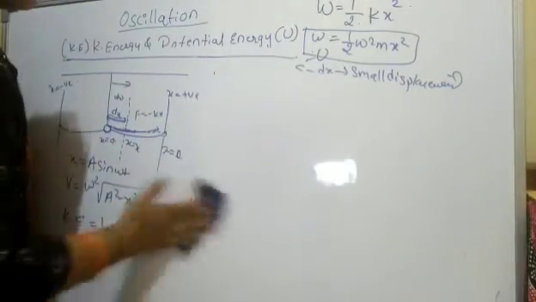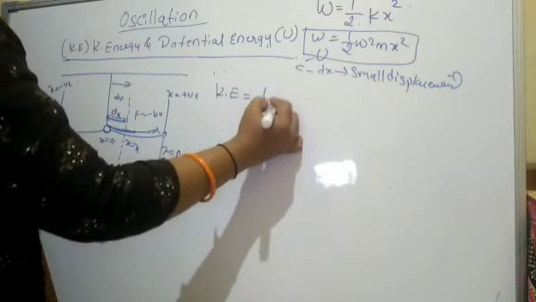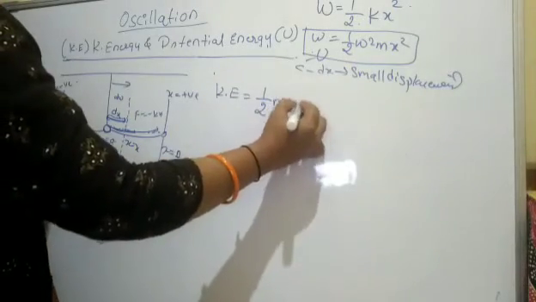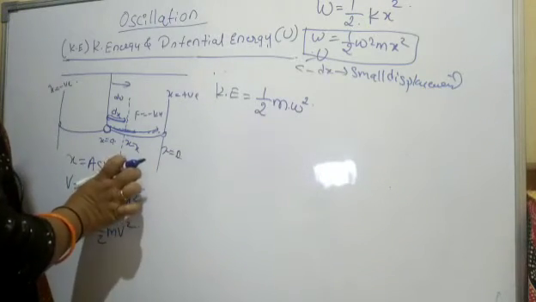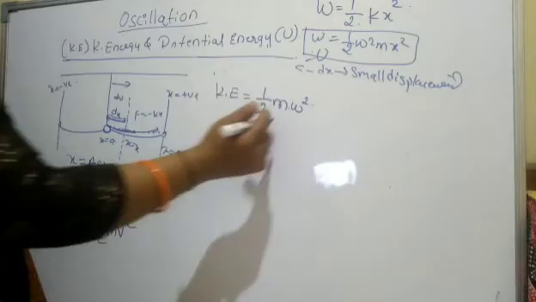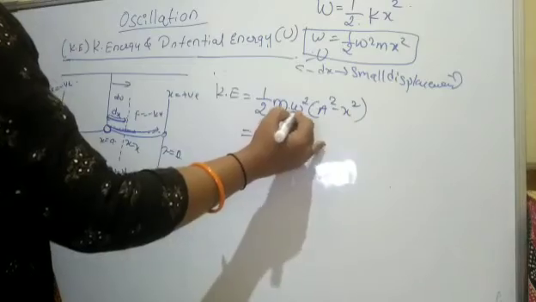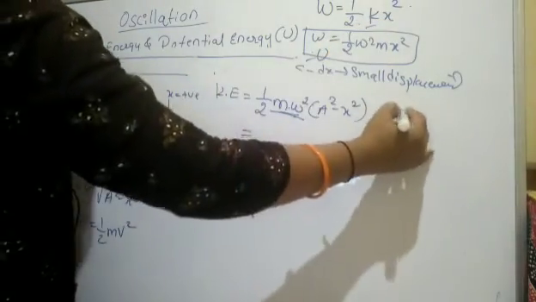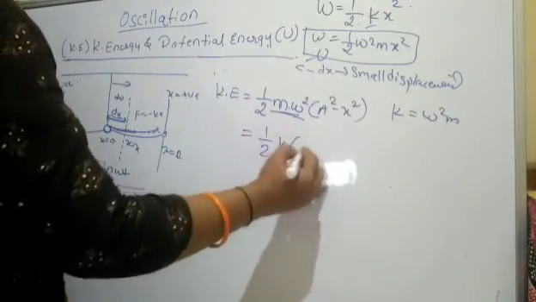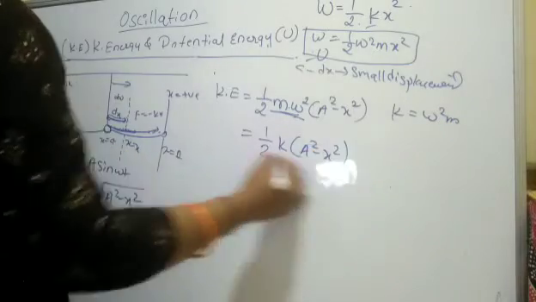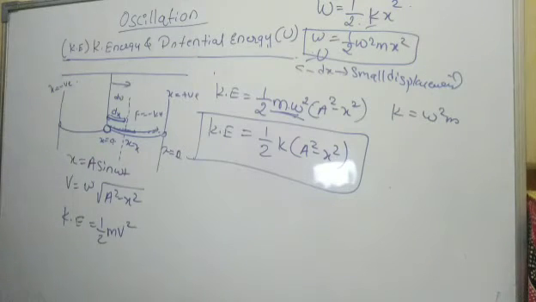So we'll get the kinetic energy that is half m v square. In place of v, I'm going to write omega square root of a square minus x square. This part is nothing but the k value. I mean, k we have got as omega square m. So 1 by 2 k into a square minus x square. So this is the kinetic energy of a particle experiencing the simple harmonic motion.